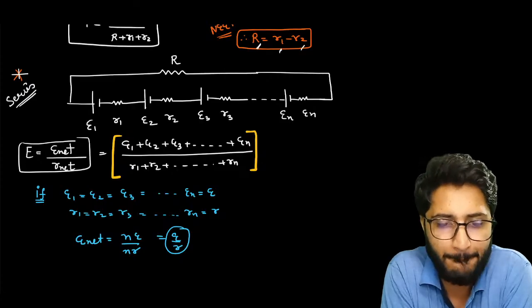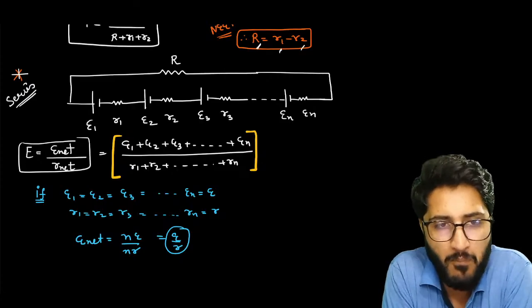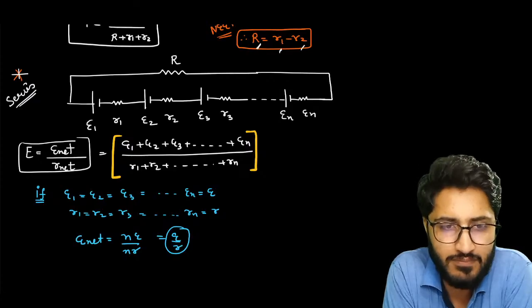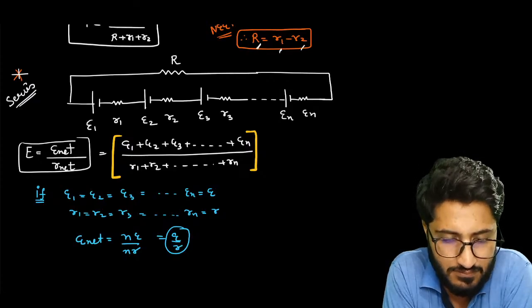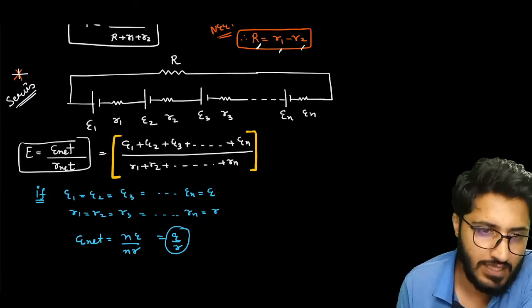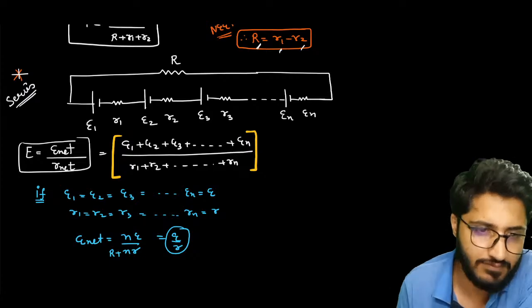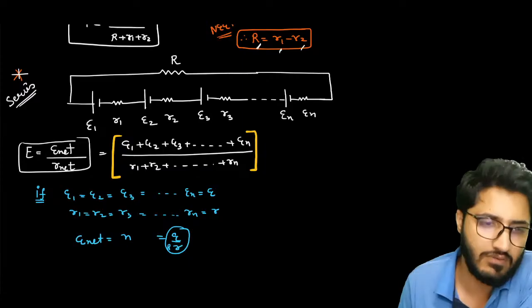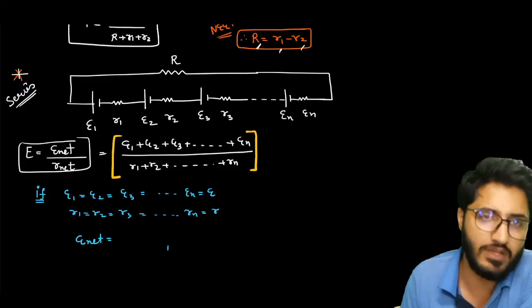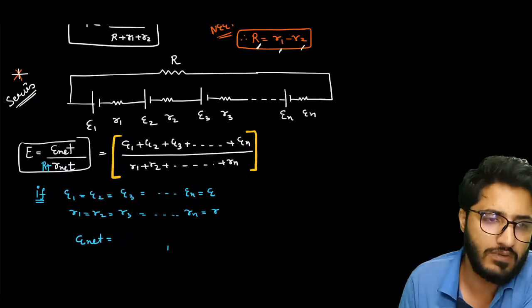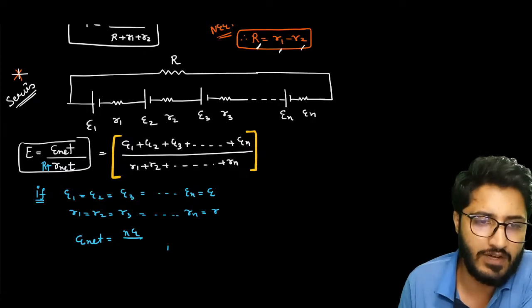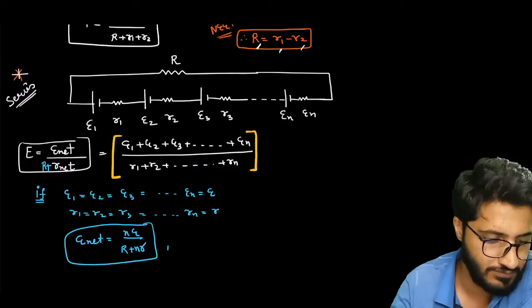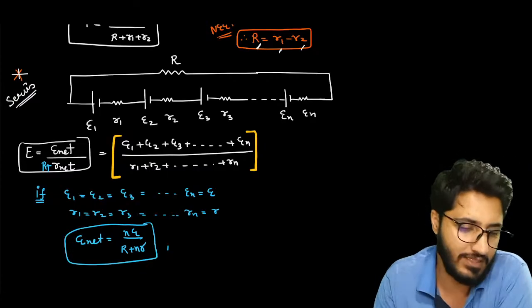Yes or no? But here is one more R, na? R plus NR. So you write R here. No, it won't get cut now. It will be NE divided by R plus NR. You are saying yes, sir, right?